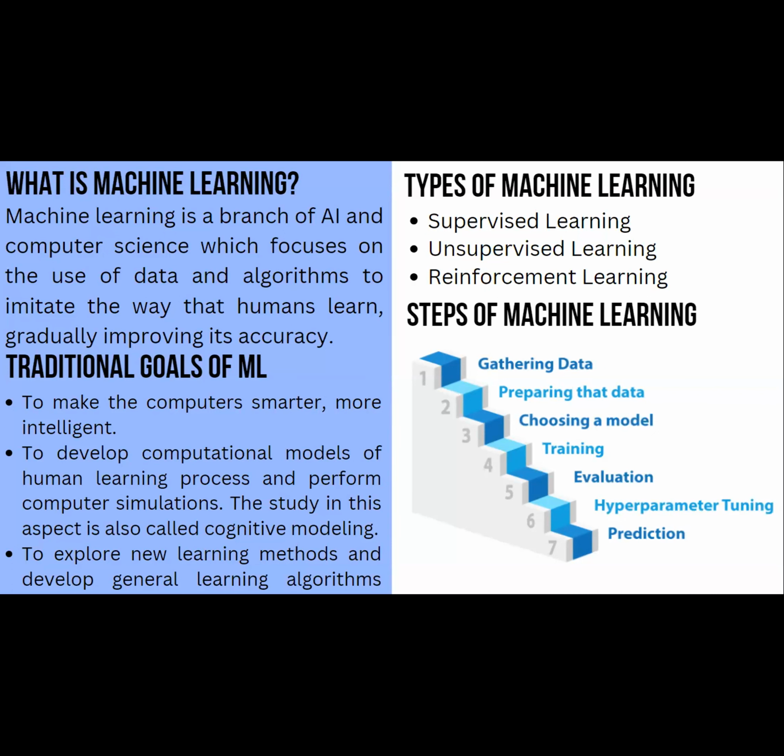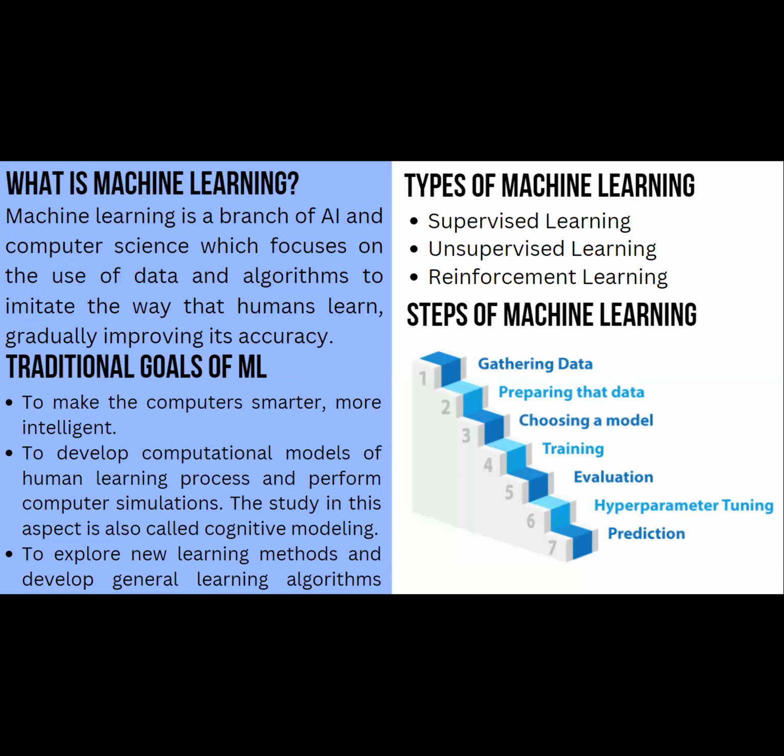But unsupervised learning is basically using predictions, and reinforcement learning is where you learn from the past iteration. Okay, so these are the three types of machine learning which we can perform.